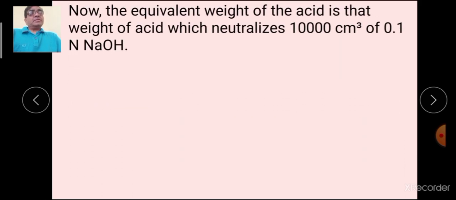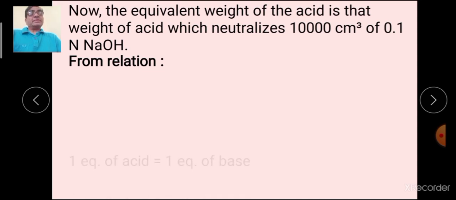Then, equivalent weight of the acid is that weight of the acid which neutralizes 10,000 cm cube of 0.1 normal NaOH. This is the relation. And from the relation, how is it calculated?